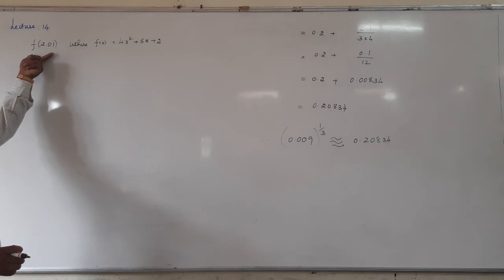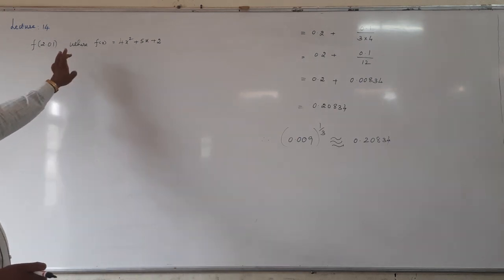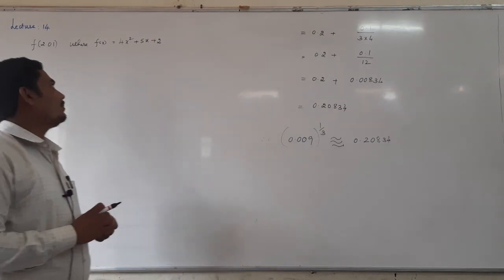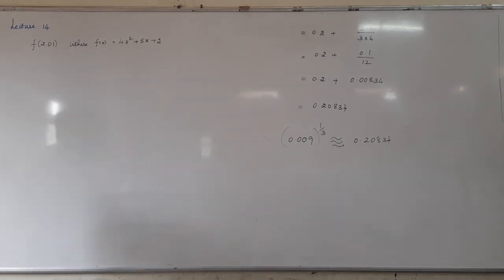Find the approximate value of f of 2.01 where f of x is 4x square plus 5x plus 2.